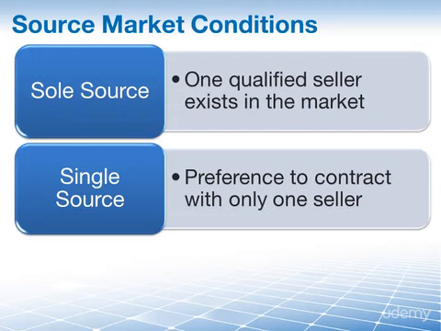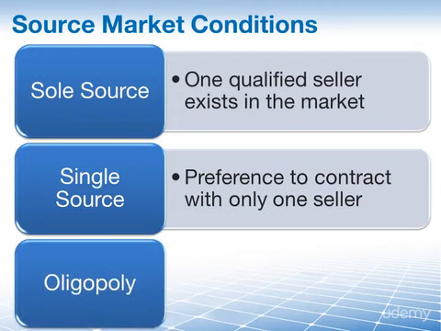There is also a third one called the oligopoly. And no, this has nothing to do with the board game, Monopoly. Monopoly would in fact be another name for the sole source market condition, listed at the very top, where there's only one qualified seller that exists in the market.